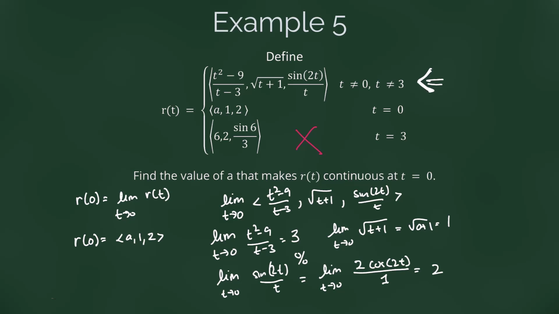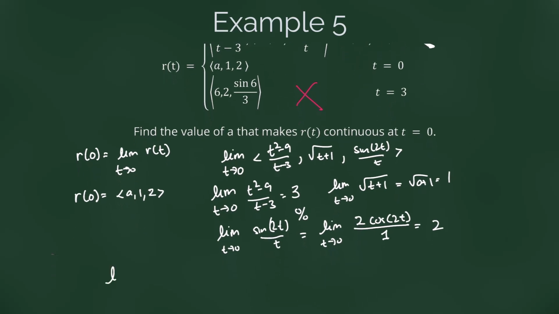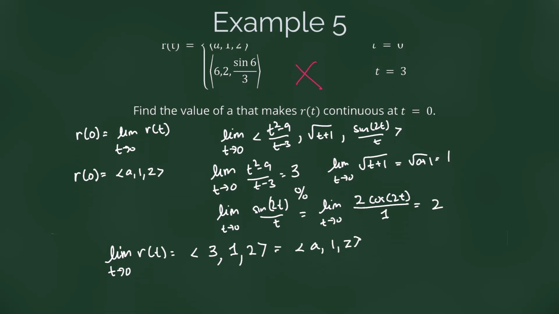Plugging in 0, we get 2. So we see that our limit as t approaches 0 of r of t is the vector 3, 1, 2. And we need that to be equal to r of 0, which is the vector a, 1, 2. So now we know that a must be equal to 3. And if we do that, that will make our function continuous at 0.